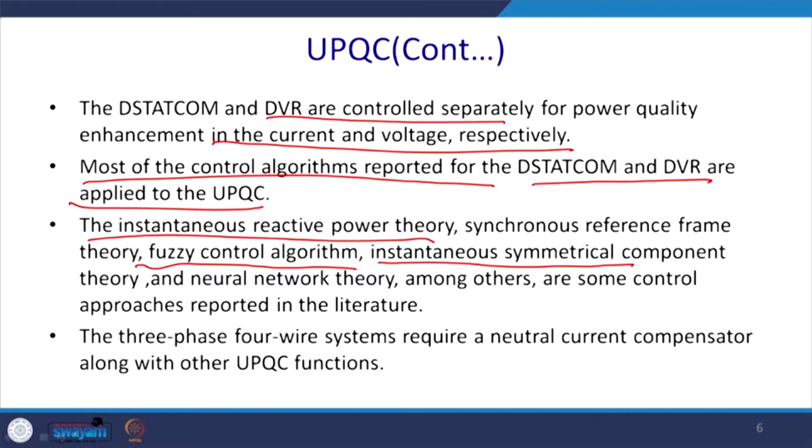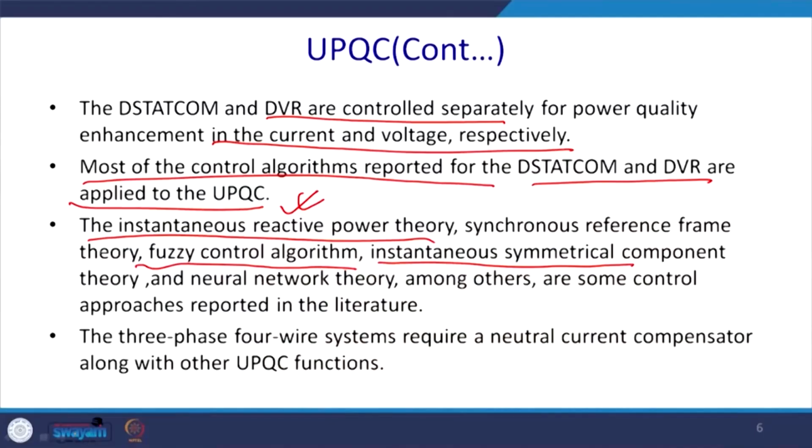The instantaneous reactive power theory is valid for a 3-phase 3-wire system, and as you have seen, the UPQC generally works in the domain of the D-STATCOM, so we need to incorporate a 3-phase 4-wire system.